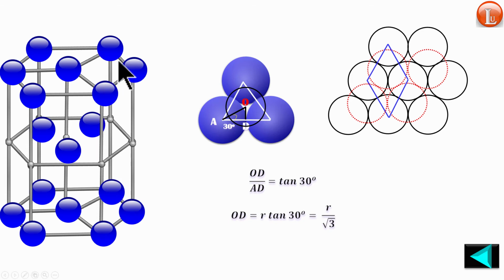Now this angle is 60. If this is 60, then in one plane 6 unit cells will share and then 1 on top of each, so this will be shared by 12. So 1/12 into 4, these two and these two. 1/12 of 4 is 1 by 3.